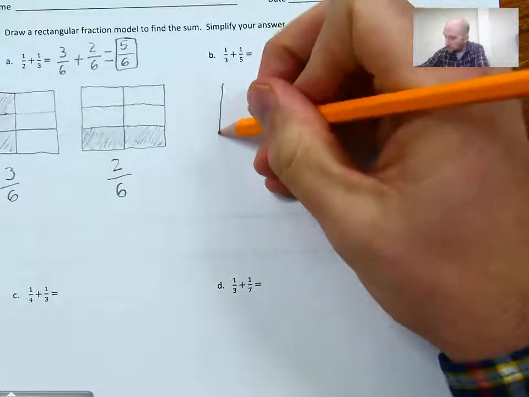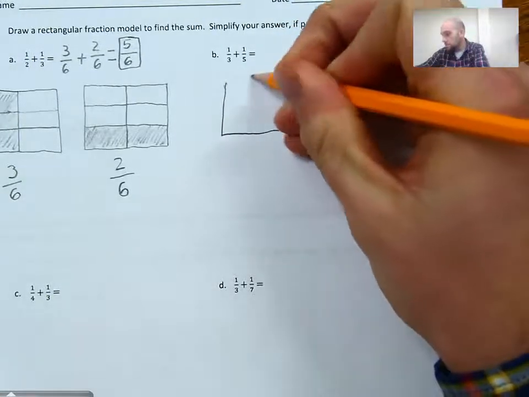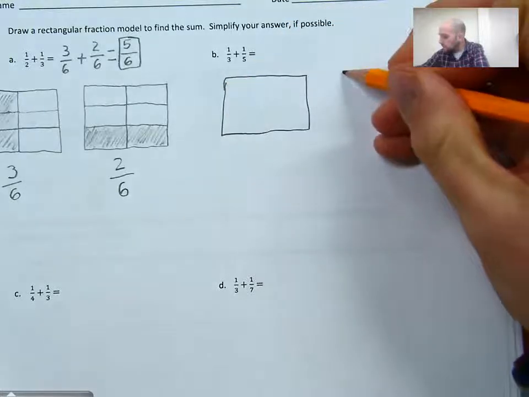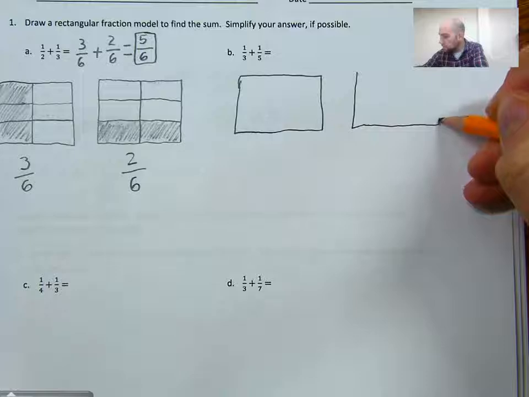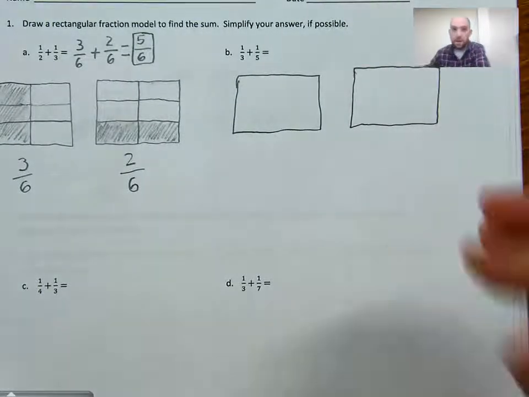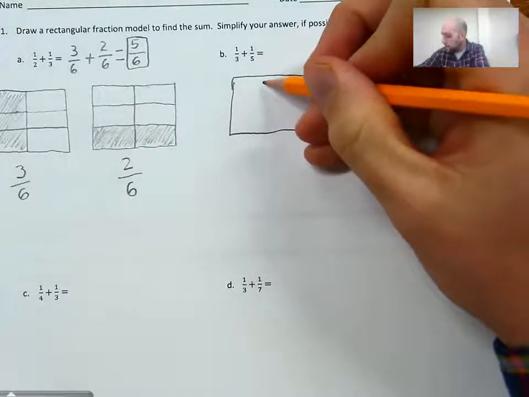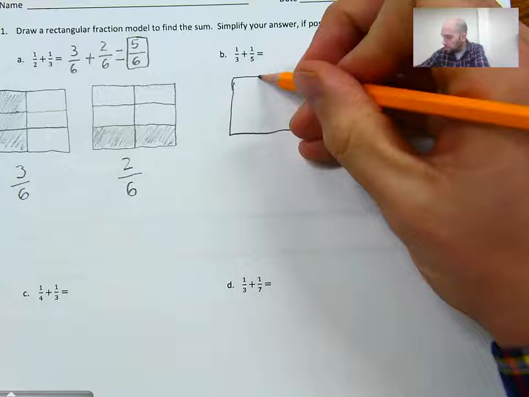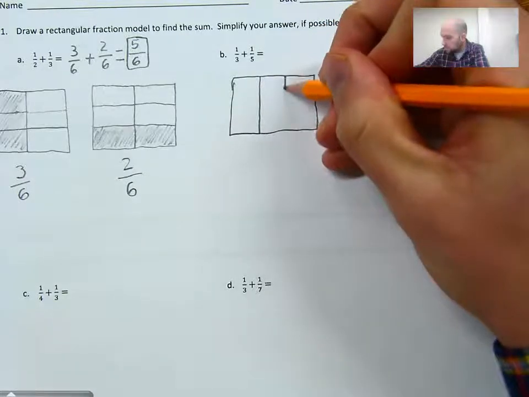So I'm going to make my 2 rectangles again. Try your best to make 2 rectangles that are about the same size. We want the whole to be the same amount, the same size. Our first rectangle, we will do vertical lines, and we'll make this into thirds.